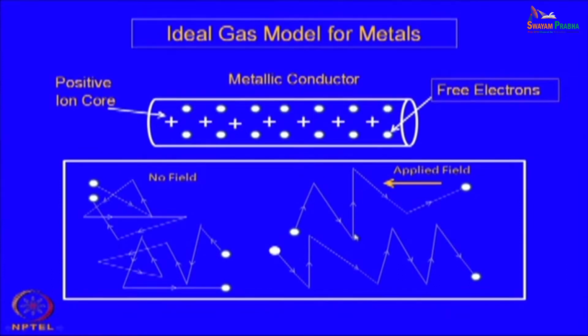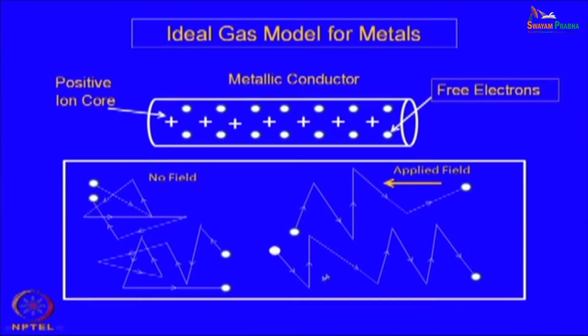So, there will be movement of this nature, and there is a drift velocity. With the application of the electric field, in some time this electron has moved to this distance, but not in a straight line; it has gone in a zigzag manner. So, it is moving a much larger distance than what we actually observe from the outside.